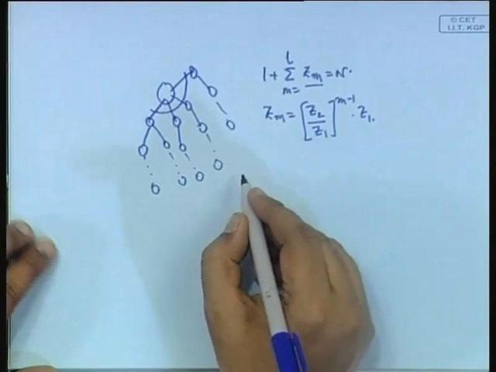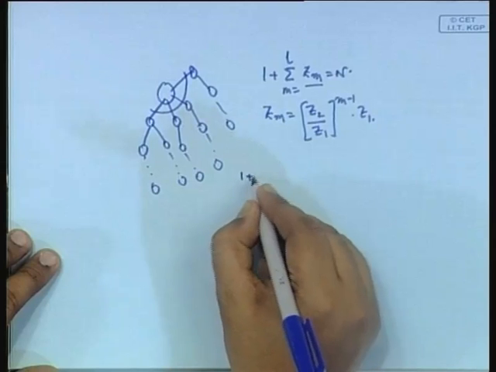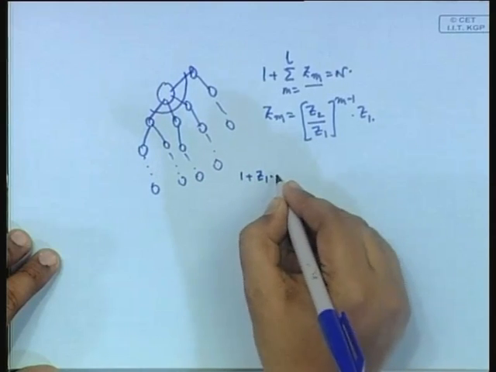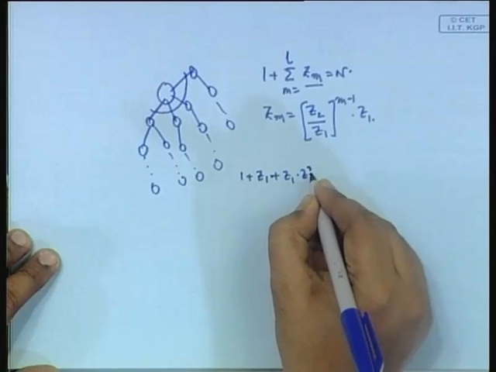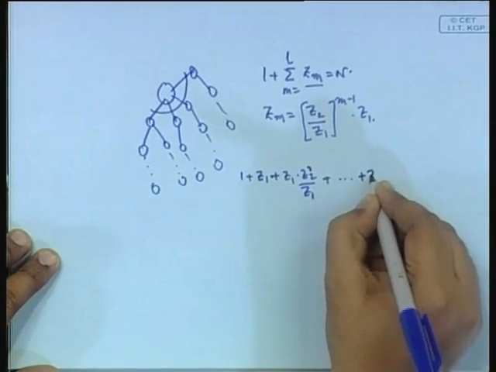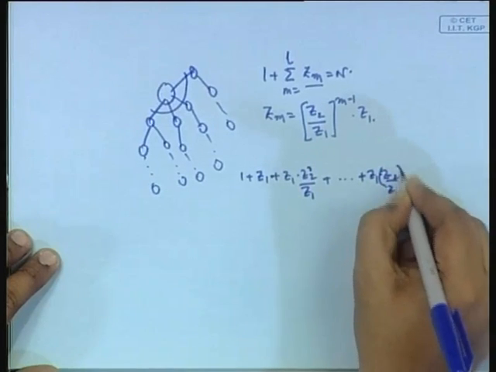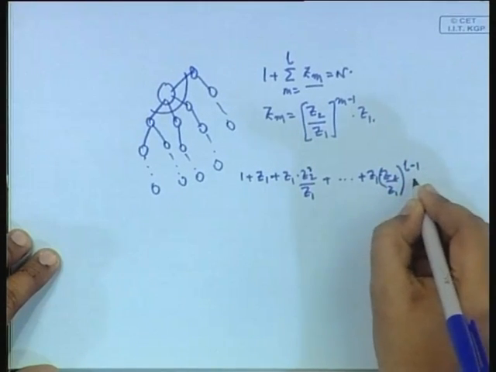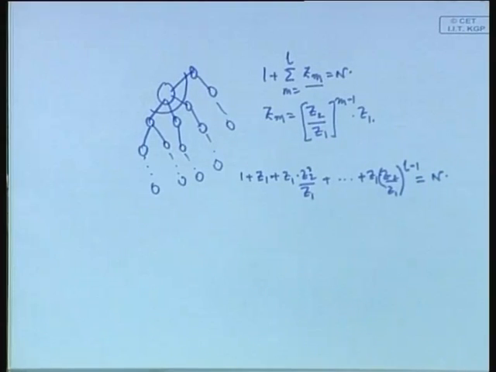Then this becomes 1 plus Z1 plus Z2 by Z1 times Z1, this way it goes, plus Z1 times Z2 by Z1 to the power L minus 1 is equal to n.